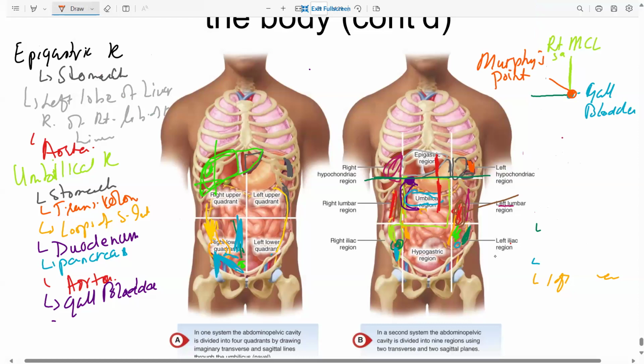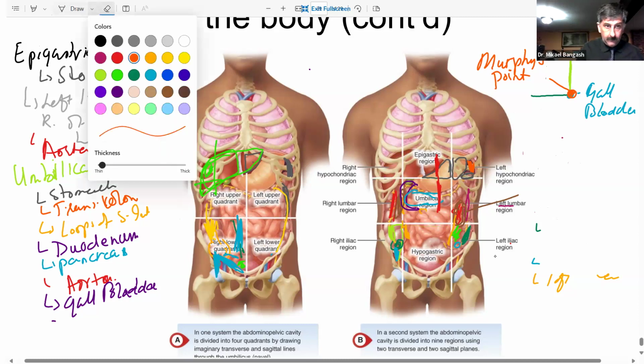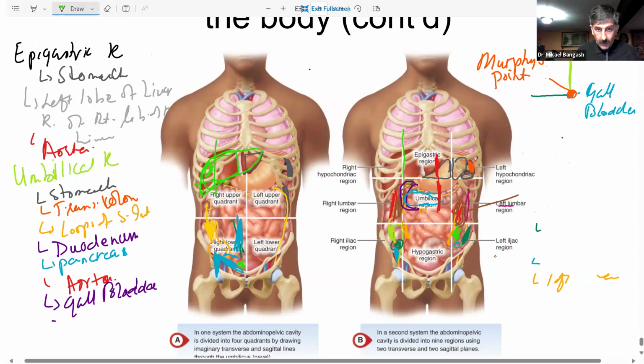Can you please repeat that one more time? What you just said? Your right mid sagittal line. If we just look at this, guys, maybe if I draw here. We had our right mid sagittal line, right? Clear? Okay.